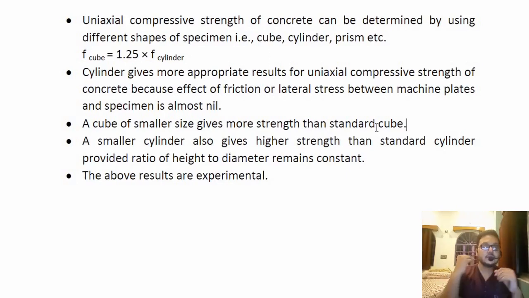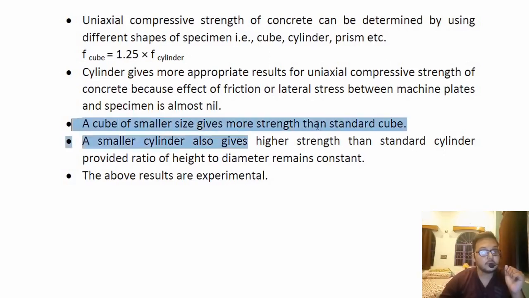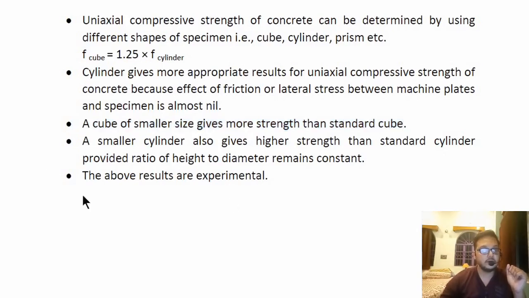Experimentally it is found that a cube of smaller size, suppose 100 cross 100 cross 100 or 75 cross 75 cross 75, will give us more strength as compared to the standard cube of 150 cross 150 cross 150. So a cube of smaller size gives more strength than the standard cube. This is one point to be noted.